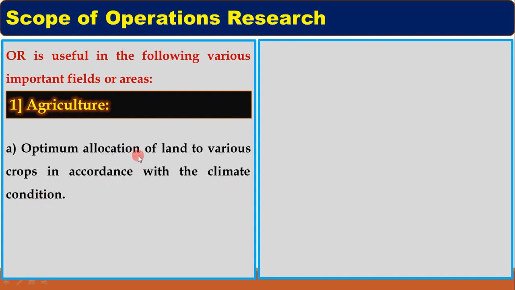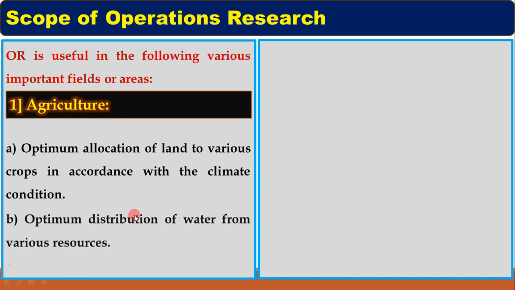So many times farmer has to allocate the land to various types of crops according to the climate conditions. So depending on the climate conditions, land will be allocated to different types of crops. So the techniques in operational research help to do this. Also, it helps in optimum distribution of water from various resources.